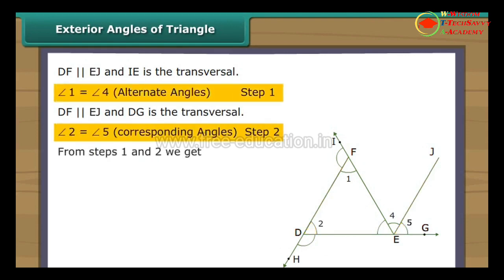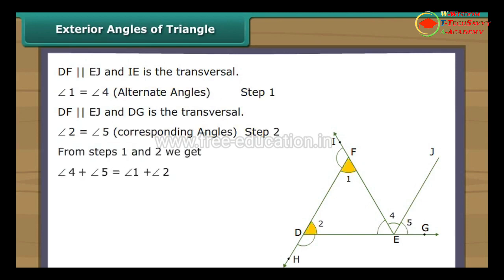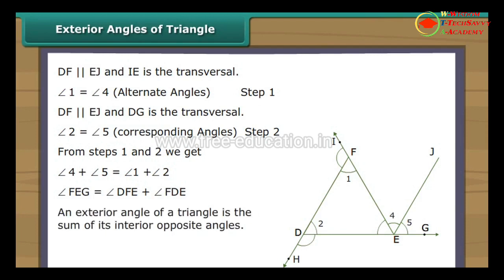From the two steps we get angle 1 plus angle 2 is equal to angle 4 plus angle 5. It means angle FEG is equal to angle DFE plus angle FDE. Therefore, an exterior angle of a triangle is the sum of its interior opposite angles.